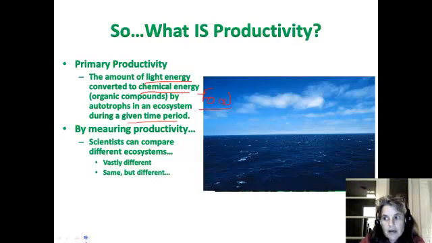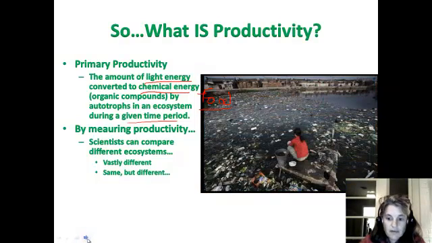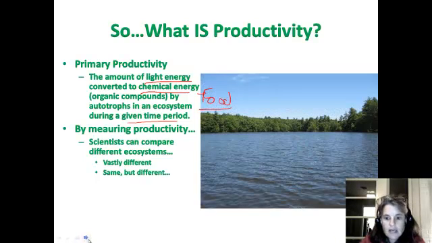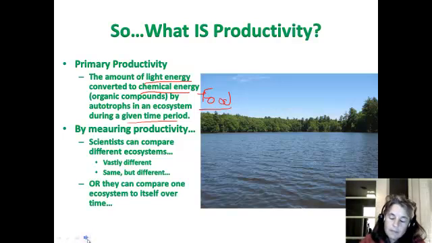But we can also compare the same types of ecosystems, but that may be different for other reasons, like, for example, a polluted pond or lake versus a clean pond or lake. Okay, and we could compare their productivities to see what we could learn. Or we can compare just one ecosystem, perhaps this particular pond, from one point in time on this day to another year down the road on a different day, and how productive is it being.